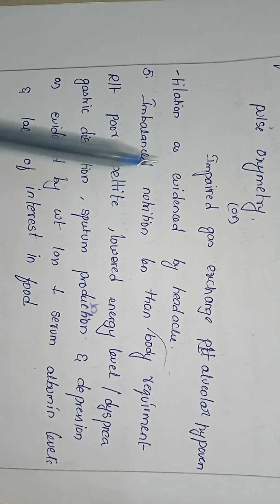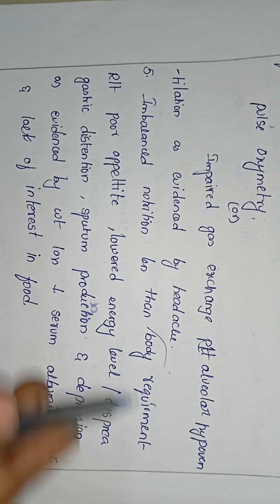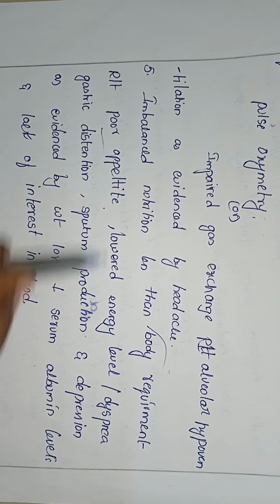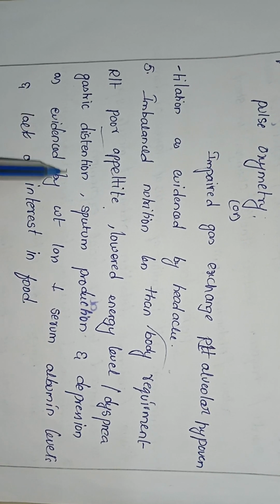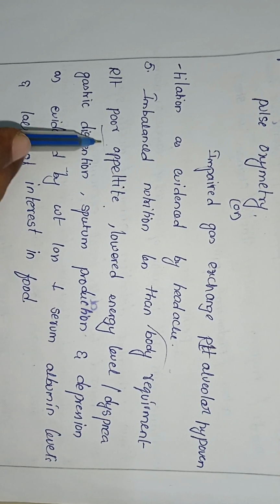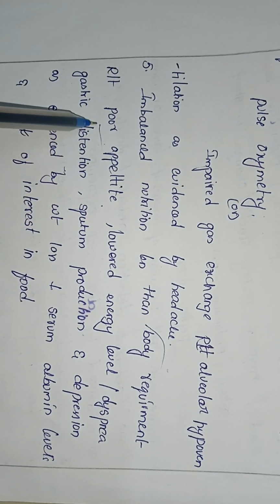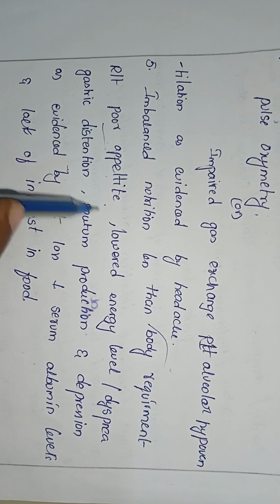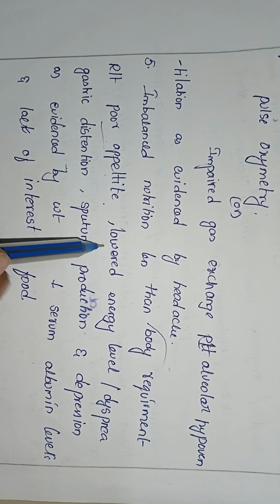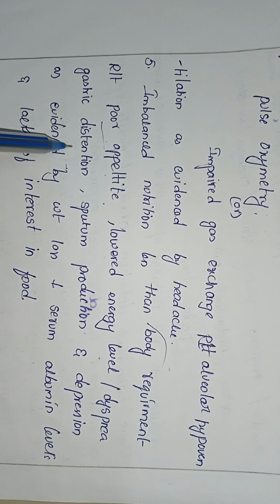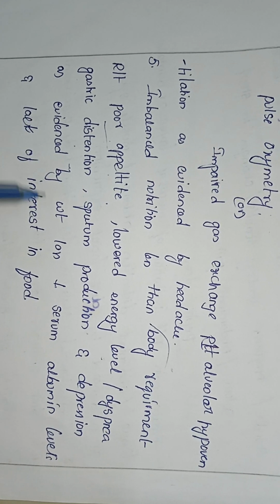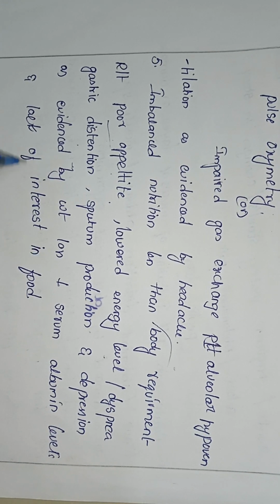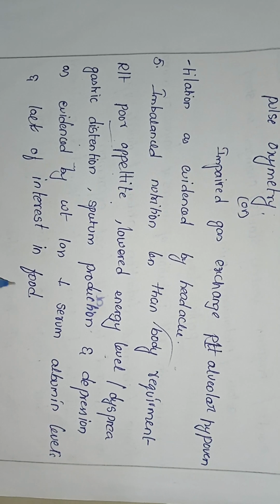In this we can write imbalanced nutrition because of lack of appetite or gastric distension. We can choose any one or two: poor appetite or loss of appetite or lowered energy levels or gastric distension, any one we can write, and as evidence we can write weight loss and lack of interest in food.